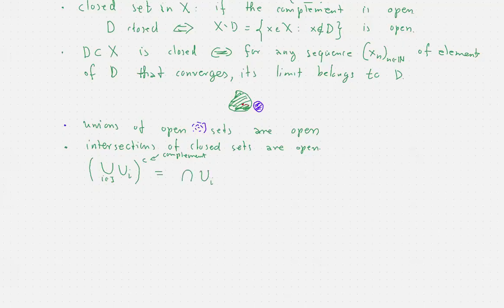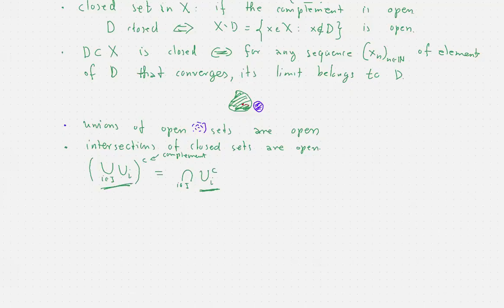Well, if you take a bunch of closed sets, all the closed sets are complements of open sets. So if you take the intersection of those closed sets, then that intersection is the complement of the union of the complements, meaning of the open sets. So if you assume the first one, that unions of open sets are open, then this set here is open, so its complement is closed. And it goes also the other way around, which means that you just need to establish one of them.